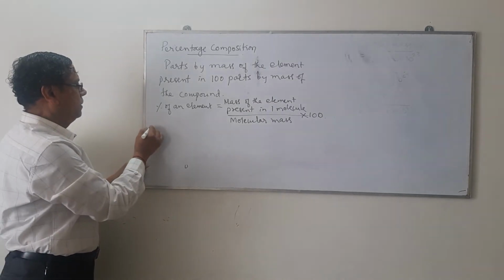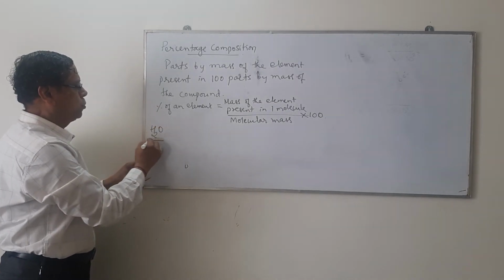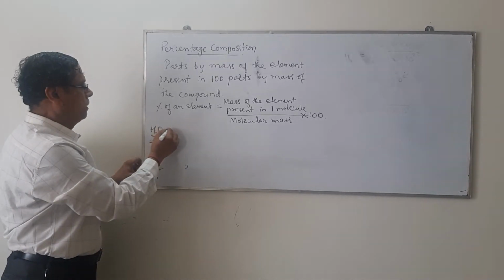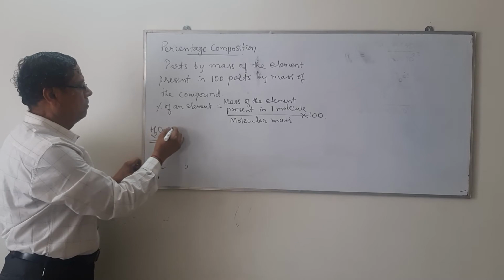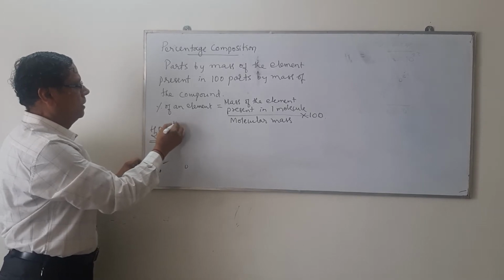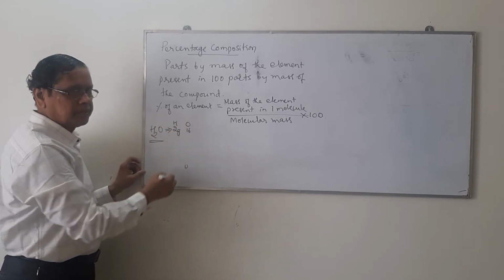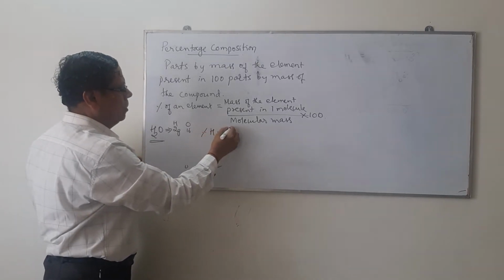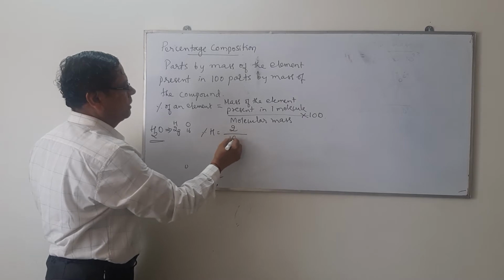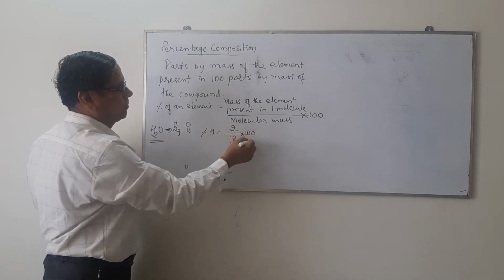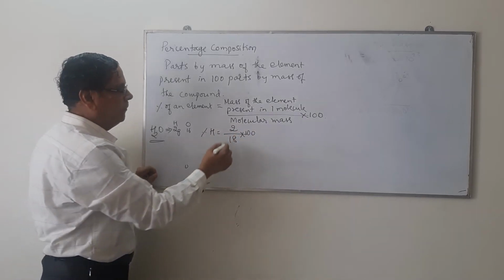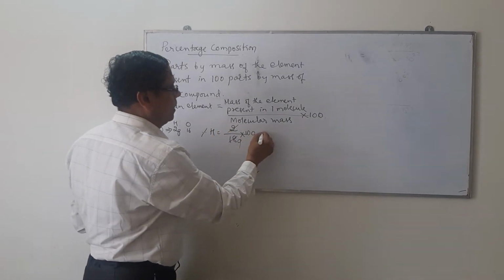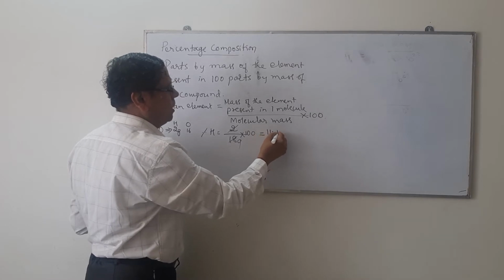Now let me take the simplest example first, H2O. If you take the masses present in one molecule of water, the mass of hydrogen is 2 grams and the mass of oxygen is 16 grams. Therefore, the percentage of hydrogen is 2 grams out of 18 grams multiplied by 100. If you simplify, this is 1 by 9, so it will be 11.11%.